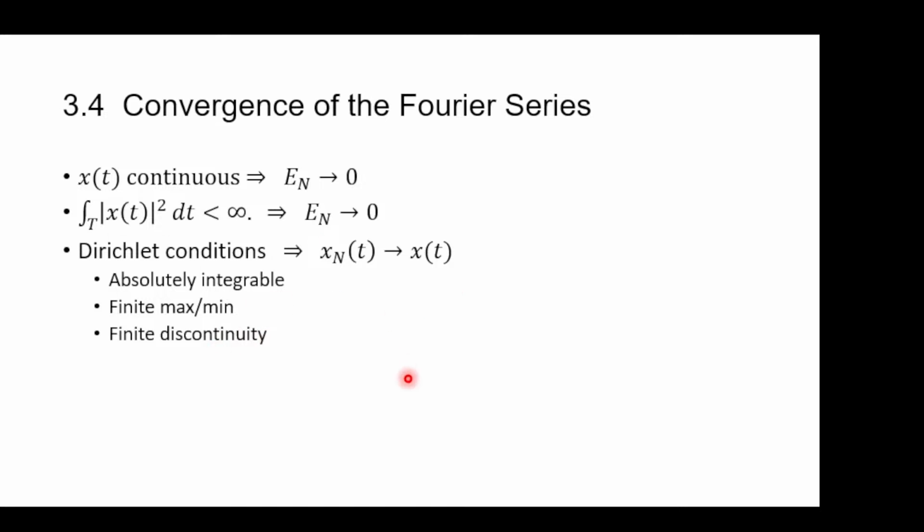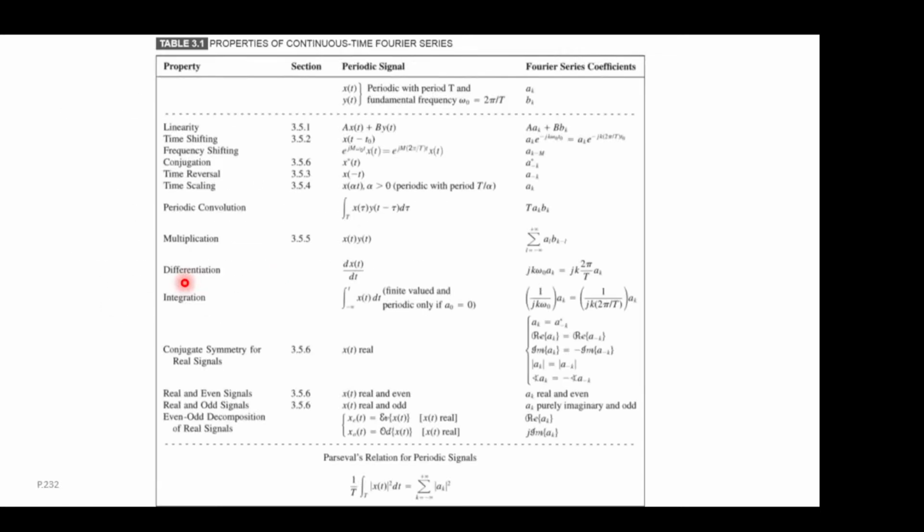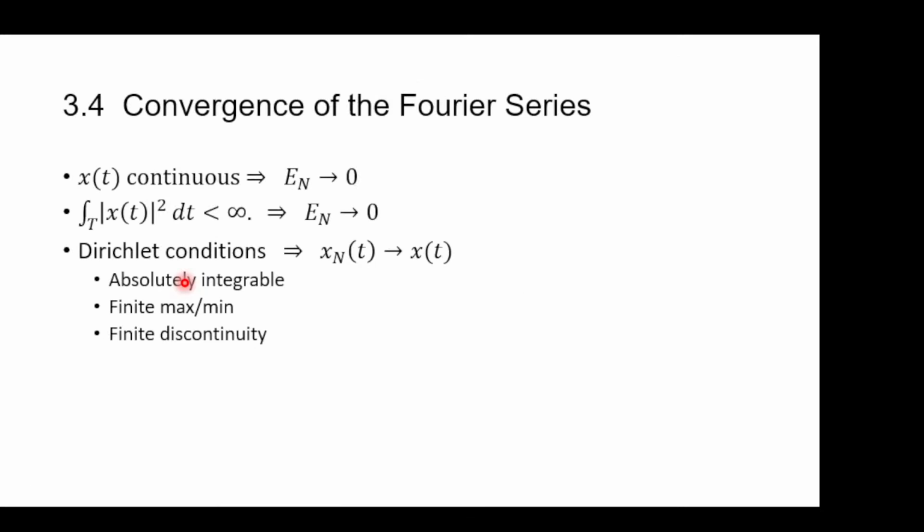With the Dirichlet conditions, you have pointwise convergence, although this convergence is a little funnier because of the Gibbs phenomenon. But anyway, your signal needs to be absolutely integrable, with finite min-max and finite discontinuities. So here we just want to say most signals are convergent.